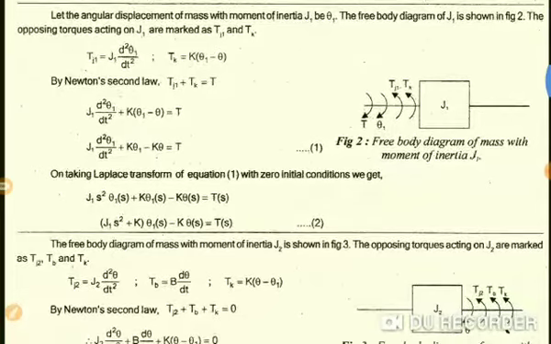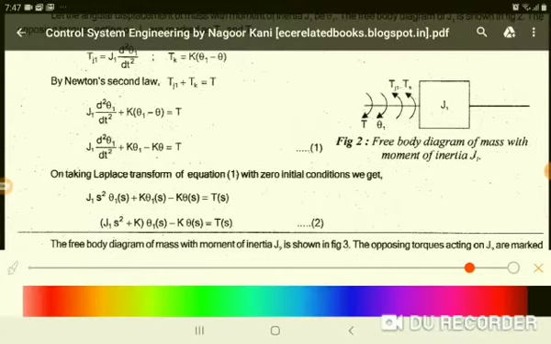Coming to the free body diagram of the mass with moment of inertia J1. What are all the torques involved?